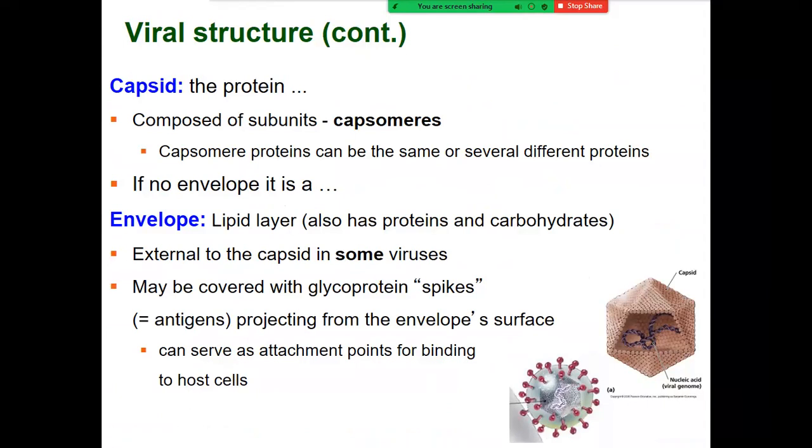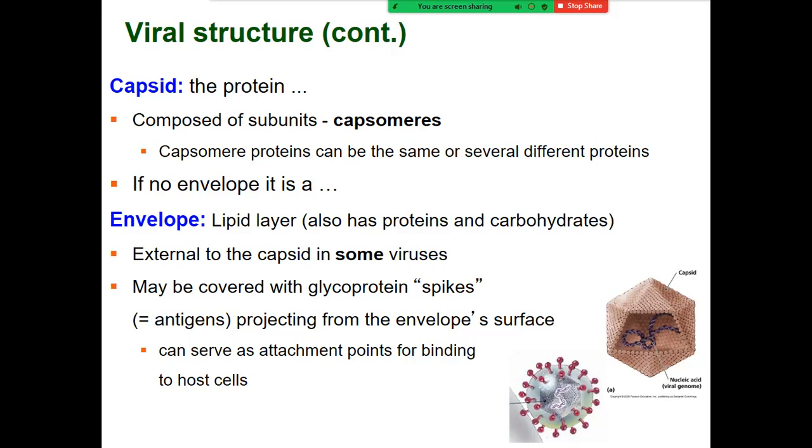If the virus has an envelope, it usually has spikes which protrude from the envelope, and those would be those reddish purple things coming out of the envelope. The envelopes usually serve as antigens for a host that is infected with the virus.